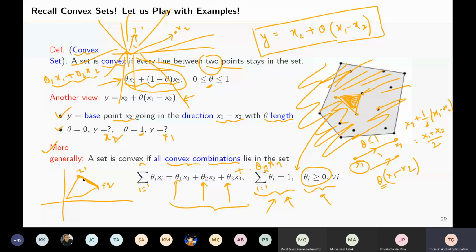In other words, you can only generate these vectors, or these vectors, or these vectors. You cannot generate anything beyond that.